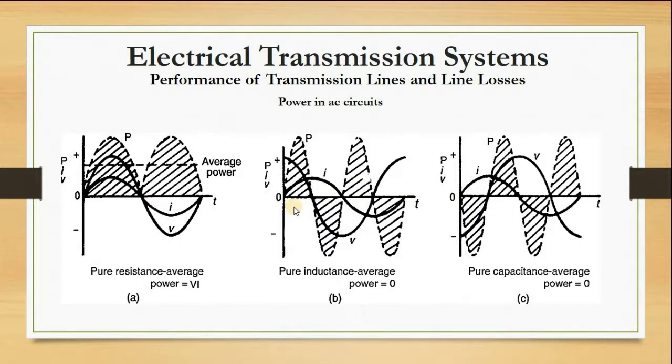So here, this is a pure inductive circuit. We are told that usually in an inductive circuit, the voltage leads the current, and if it's a purely inductive circuit, it leads it by 90 degrees. So we are talking about the phase difference. What does it mean?